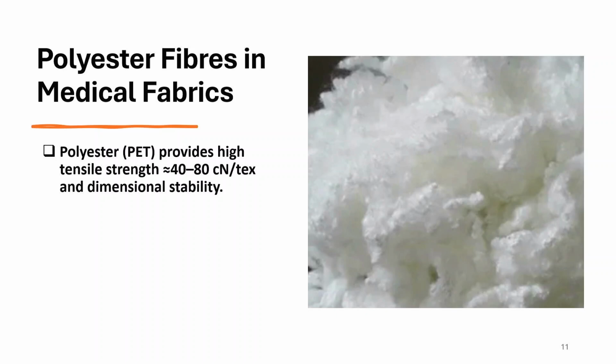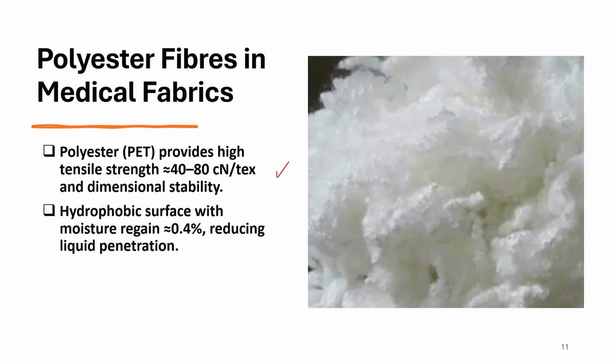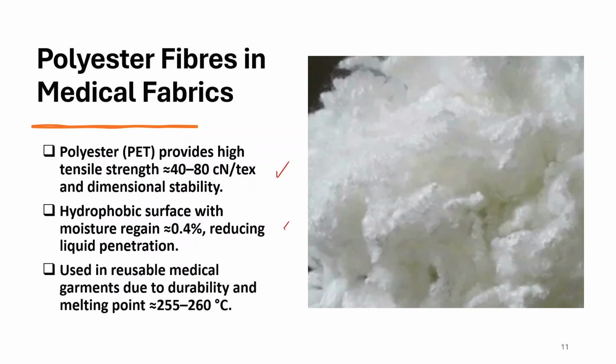Polyester fibers are used for higher strength and are hydrophobic in nature, which reduces liquid penetration. It is used for reusable medical garments because of its durability, due to the high melting point.